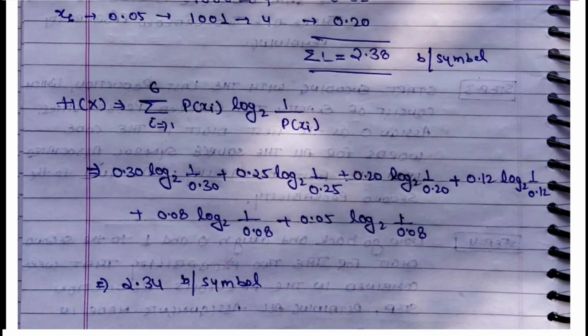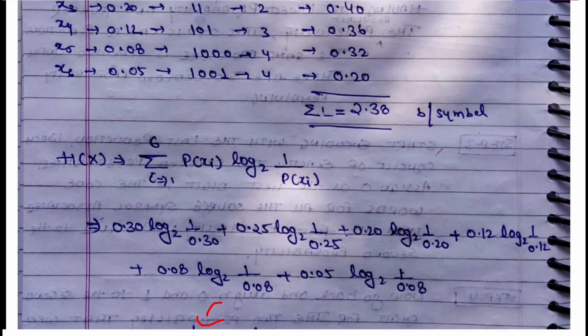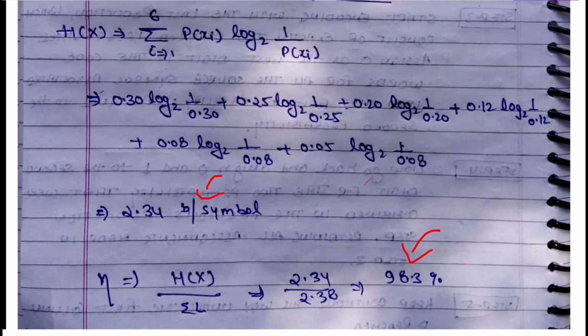Entropy will remain the same because from the previous question entropy was this only. Entropy will not change based on the coding mechanism. So now again when you take out the efficiency, you reach this value 98.3%, right? So using Huffman coding also you are getting a very good efficiency of 98.3%.